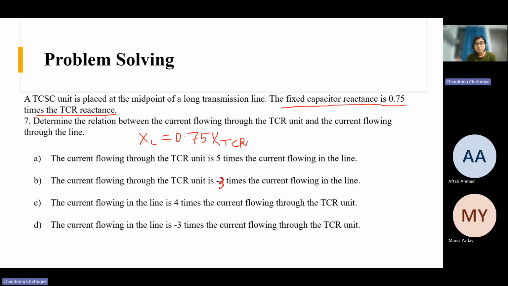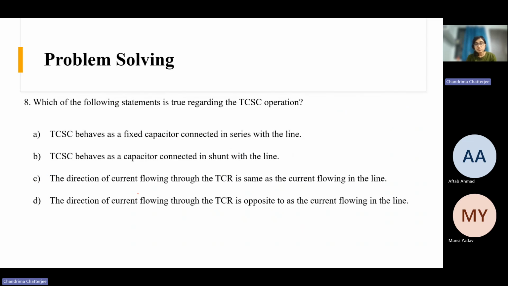So the current flowing through the TCR unit is minus 3 times the current flowing in the line. But with a negative sign. So the direction of current flowing through the TCR is opposite to the line current, because there is a negative sign.